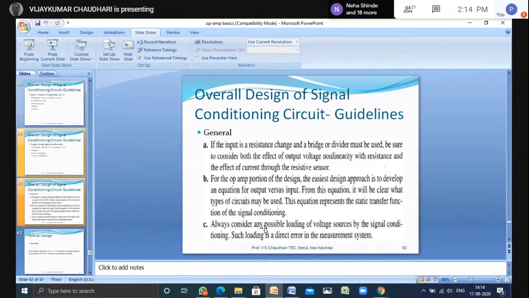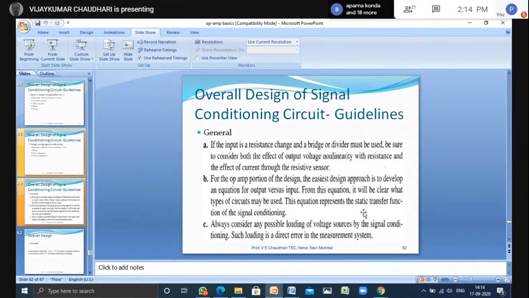Always consider any possible loading of the voltage sources by signal conditioning. Such loading gives a direct error in the measurement system, and that should be avoided. So if there is low input impedance at the input, then circuits of high input impedance must be used, like a voltage follower.